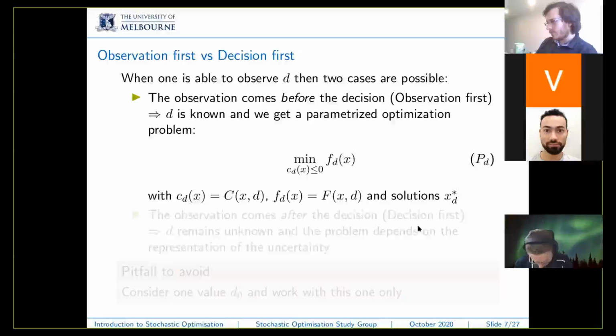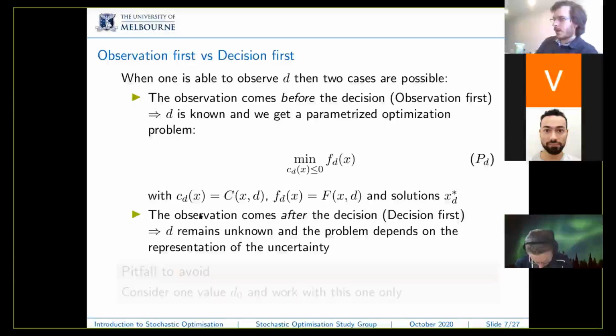For the moment, we are concerned with the case where the observation comes after the decision, so we have decision first. In this case, D remains unknown, and the problem that we'll be treating will depend on our representation, our precise modeling of the uncertainty.